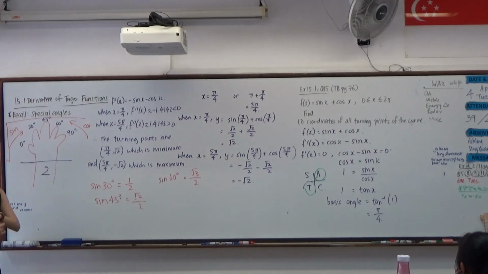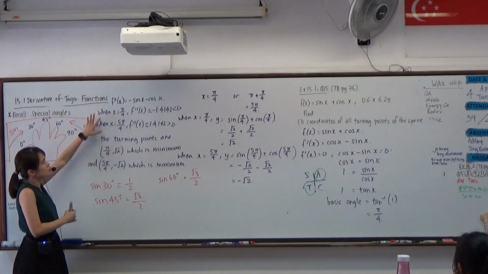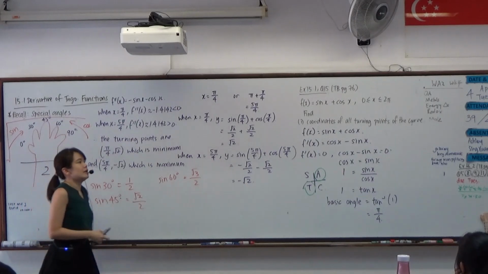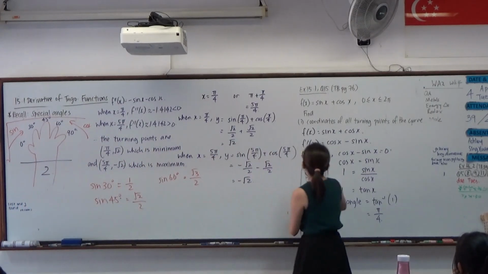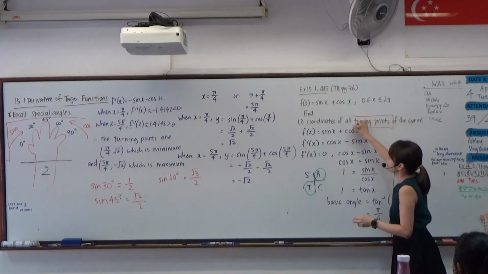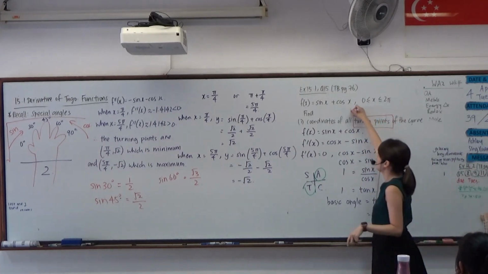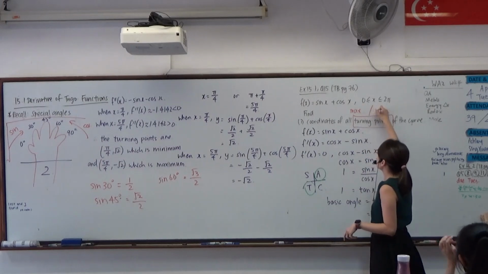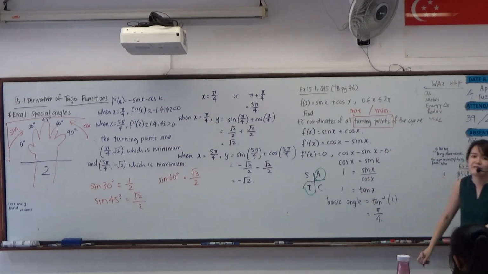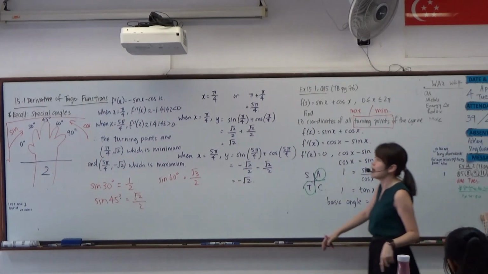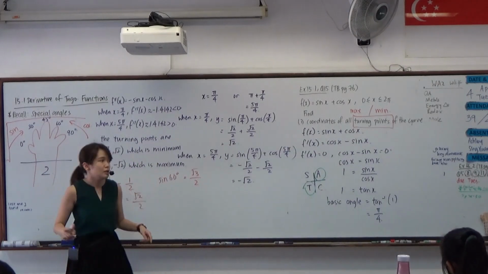Why did Miss Pang do the second derivative test? It is because this question asks for the coordinates of the turning points. Turning points only refer to two things, maximum or minimum, so I need to verify that my points are indeed turning points.